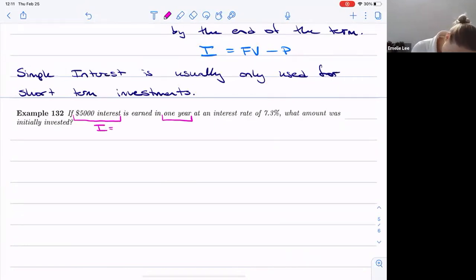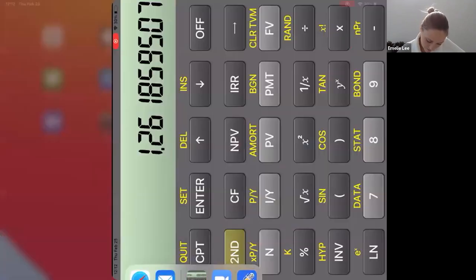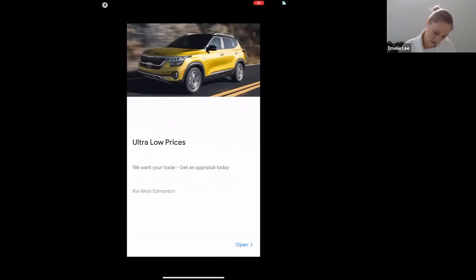Maybe I'll just say I equals 5,000, T equals 1. At an interest rate of 7.3%, but remember we have to use the decimal version. So unless you're super sure, make sure that you use your calculator. Just take 7.3 divided by 100, or even the percentage button. I can't remember which way it uses.